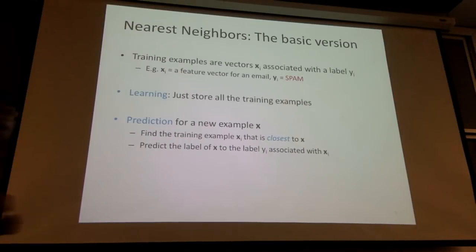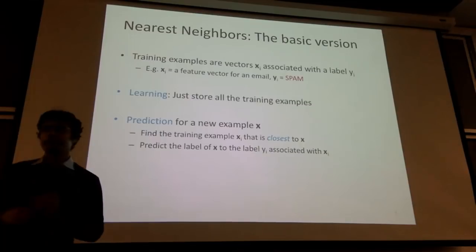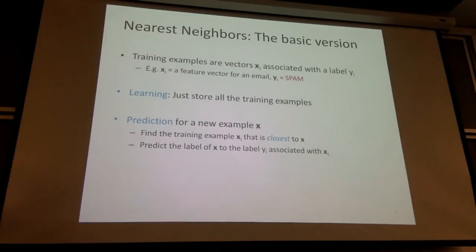All the heavy work happens when prediction is done. When a new example comes in, you go over your entire training set and find that one point that's closest to your new test example, you look up its label and you say the label is that. That's what you did for this example that we just saw. That's pretty much the entire algorithm.